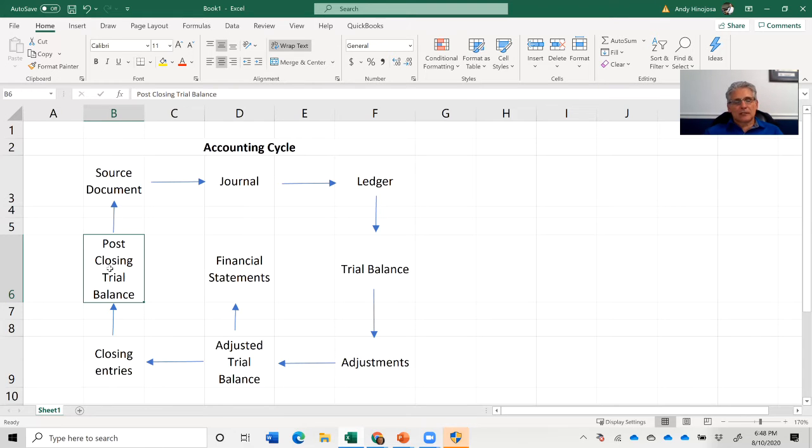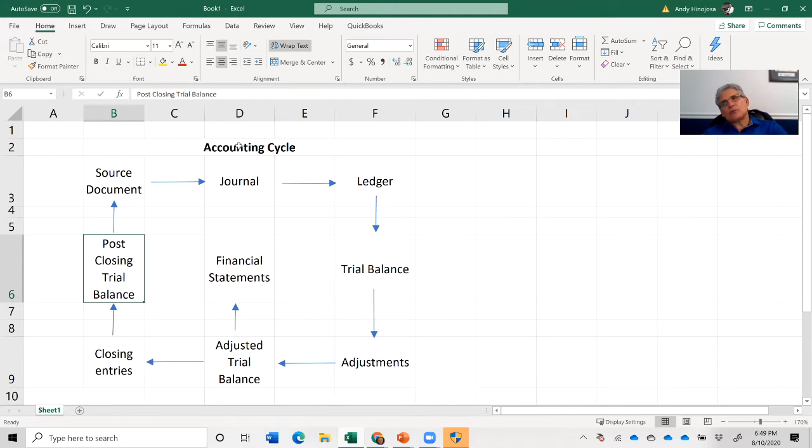This is after the closing entries, and because it's after the closing entries, we refer to it as a post-closing trial balance. Once we've come up with the post-closing trial balance and confirmed that all debits still equal credits, then we can start all over again. It starts again with the source document, onto the journal, ledger, etc., all the way down. This is what we're talking about when we're referring to the accounting cycle.